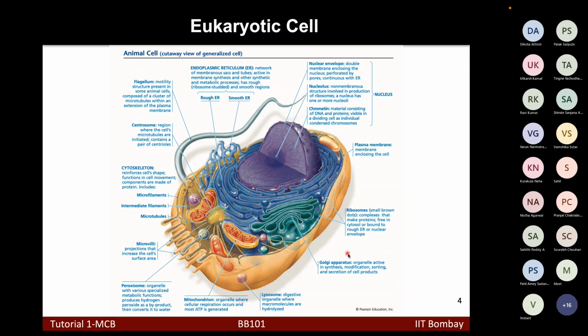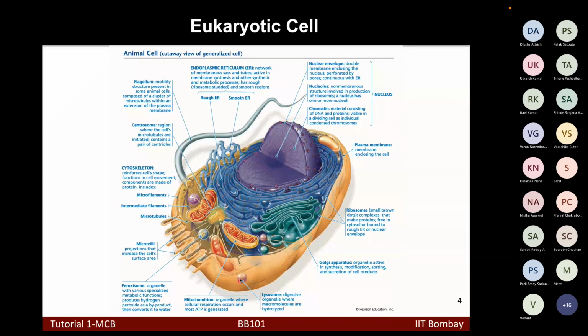One is the Golgi apparatus. You can identify it as a coil structure which is folded on itself multiple times. It's involved in synthesis of different kinds of compounds inside the cell, like lipids. Other than proteins, they are involved in synthesis of other molecules.